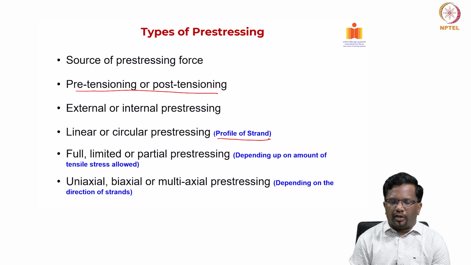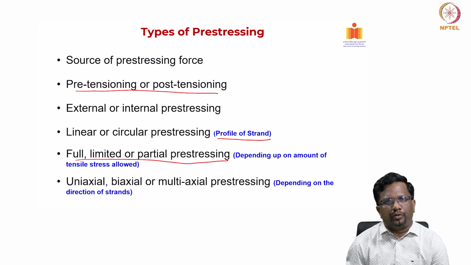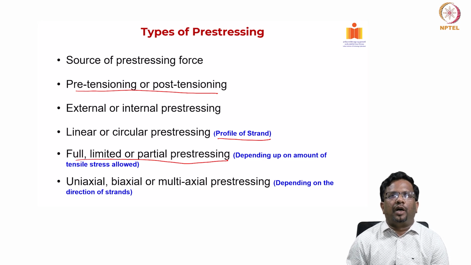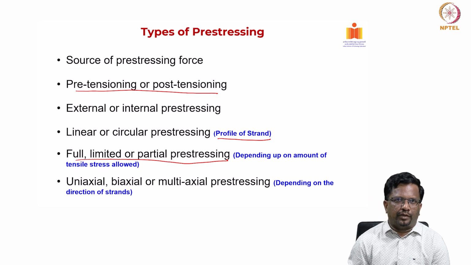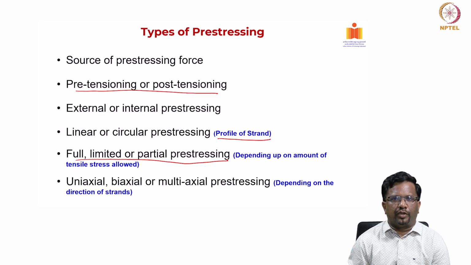Another common classification is full, limited or partial prestressing, depending upon the amount of tension stress allowed. In full prestressing, under service loads, you are not supposed to have any tension. In limited prestressing, you can have tension stress, but it cannot exceed the cracking strength of the concrete.